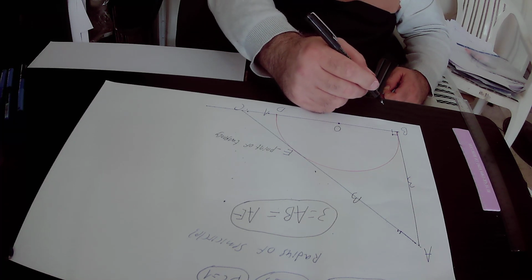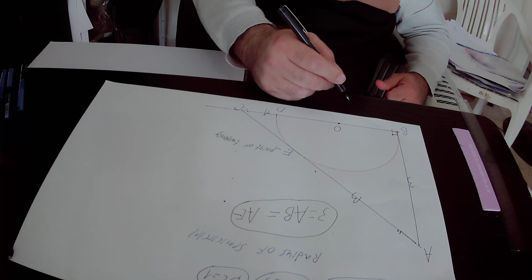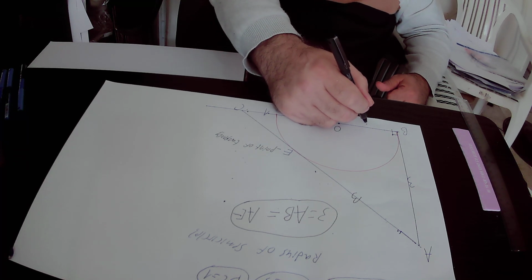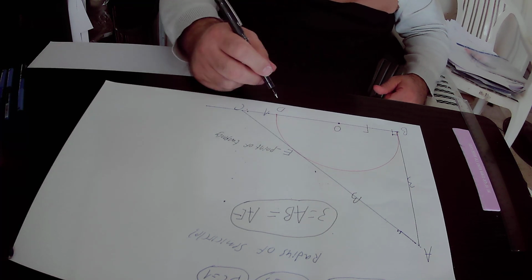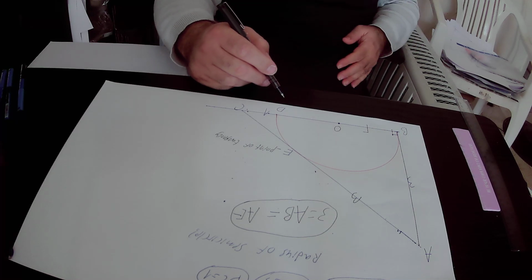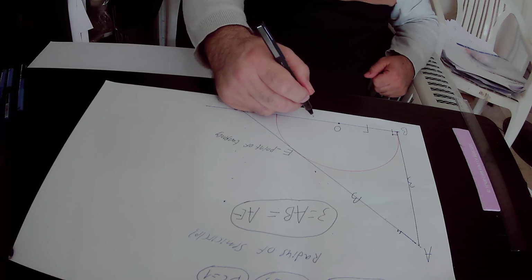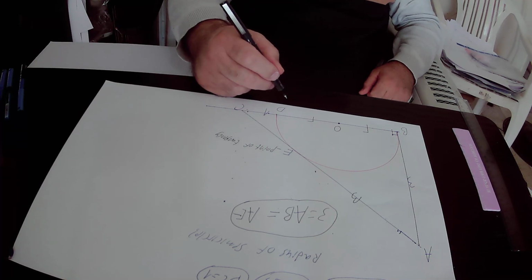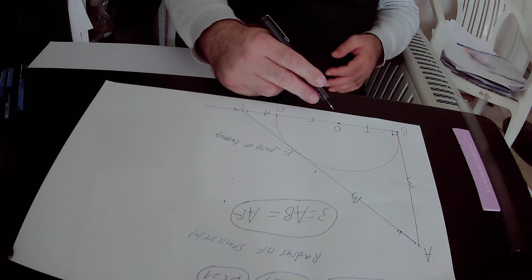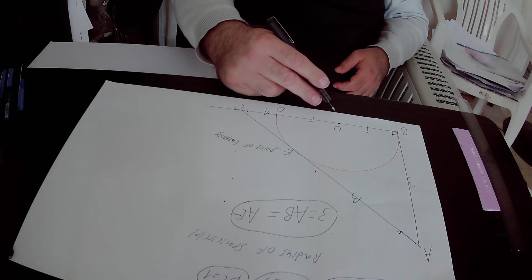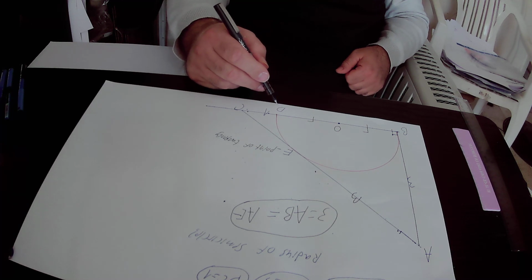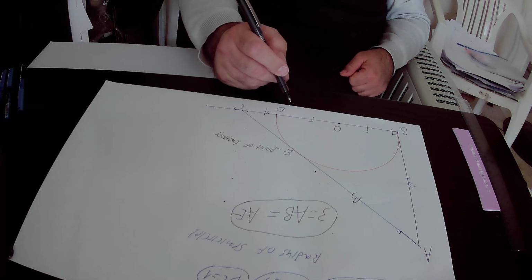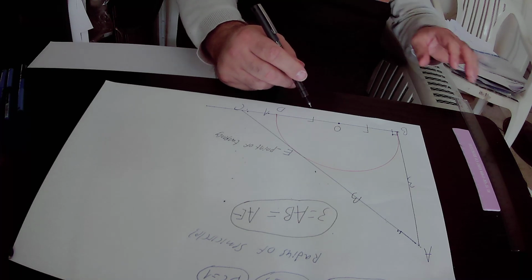Therefore, BO is the radius of this semicircle, and the radius of the semicircle is defined as R. So BO equals R. Likewise, OD is also the radius of this semicircle because line segment OD starts from the center of the semicircle, that is to say from point O, and ends at point D, that is a point on the semicircle itself. Therefore, OD is the radius, that is to say it equals R.